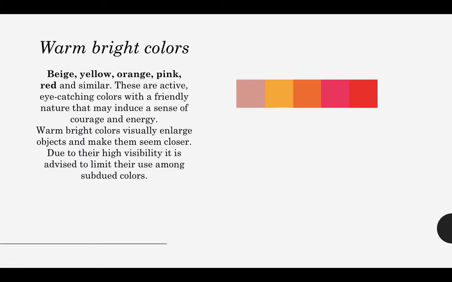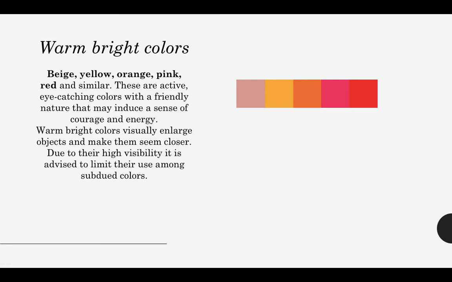Something else to consider is when you put colors together. They really work well, but if you put the wrong colors together, then you get a little chaos in there. So we have different color palettes. The warm, bright colors, when they are used together correctly, include beige, yellow, orange, pink, and red.